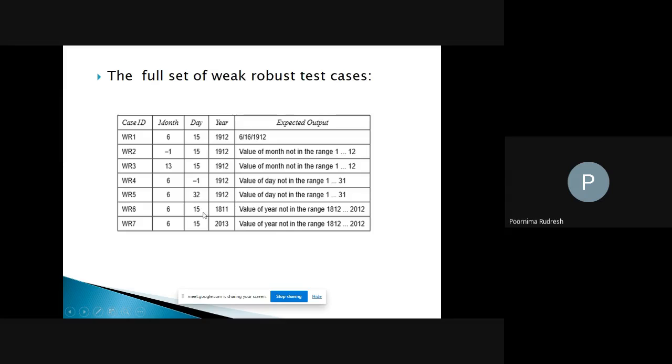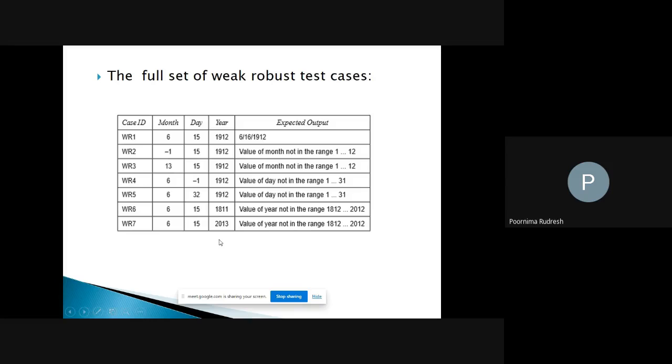Next, we'll consider it for the year. So here, we have defined the range from 1812 to 2012. Other than that, it will display the error message. So if it is 1811, it will display the error message, value is not in the range, because we are considering the range from 1812. Less than 1812, it will display the error message.